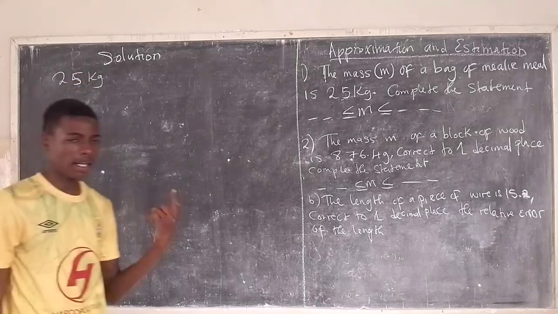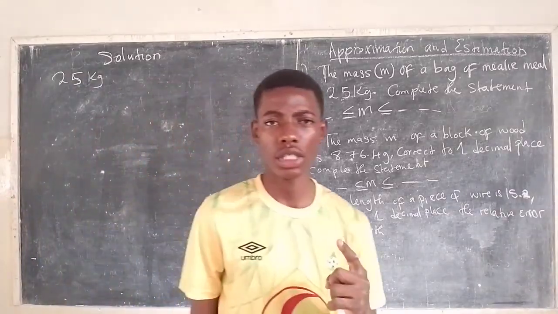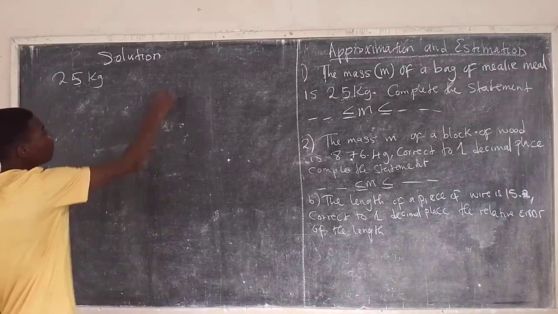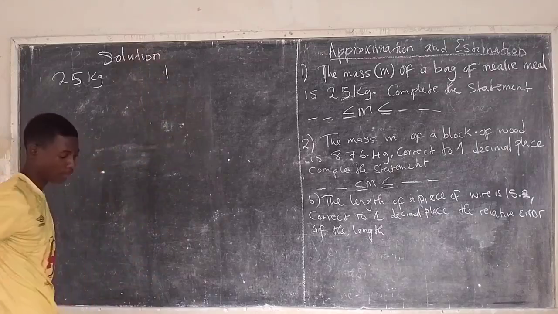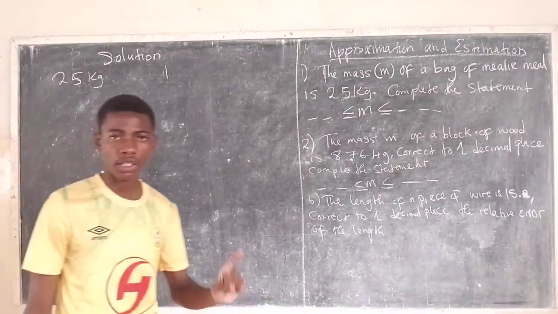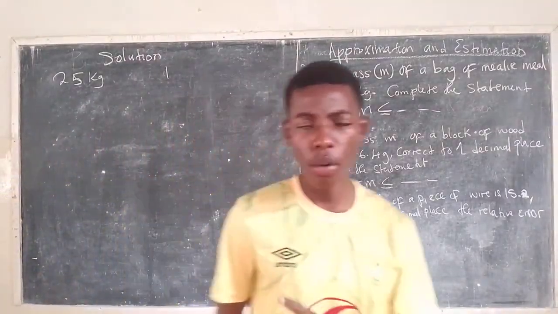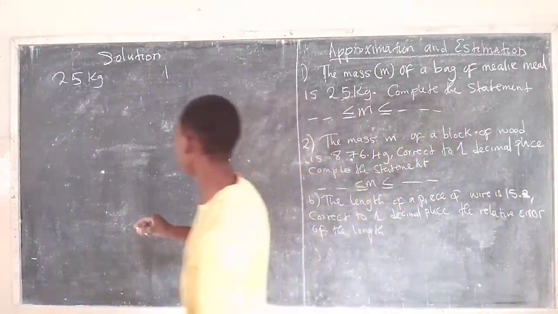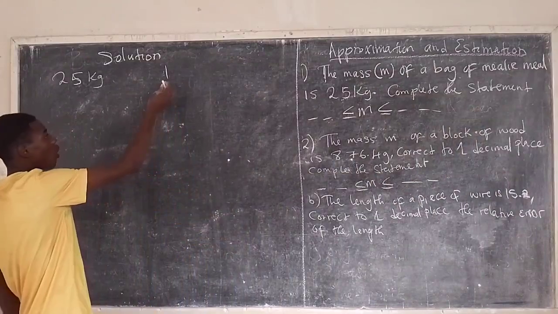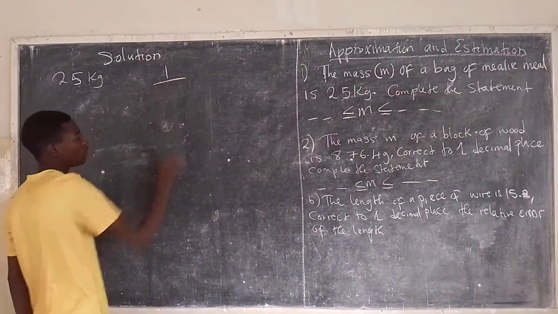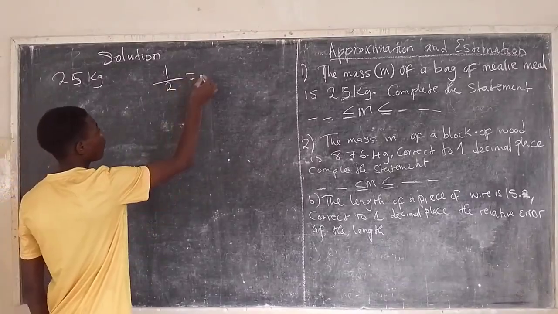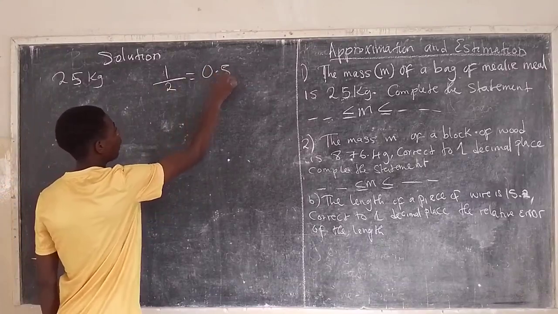If you have any number without a decimal point, like 25, the minimum number that can be measured is 1 because it does not have a decimal point. So you begin counting 1, 2, 3 until 25. So we have 1. This is the lowest division, we are going to divide by 2. Then we are going to have 0.5.